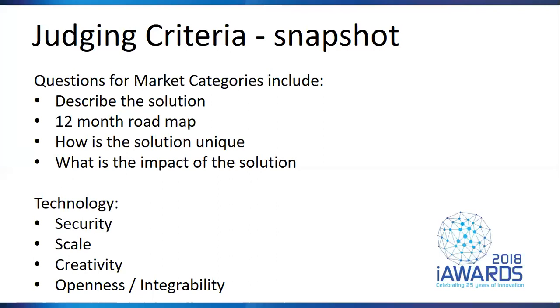Creativity, openness and integrability as well. If you go to the application form, these are all elaborated. There are more questions as well, but this is just a snapshot. I just wanted to get your brain thinking, but also to understand that it's all about your solution and how it's making an impact. So they're the types of things that the judge is looking for.